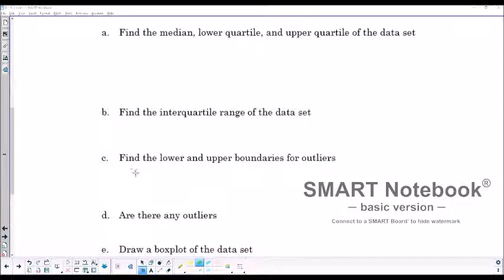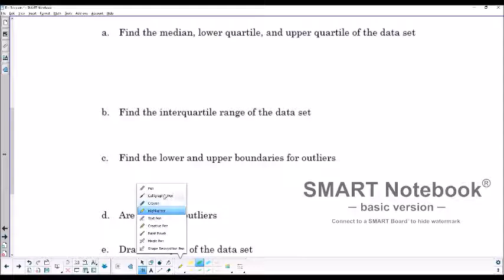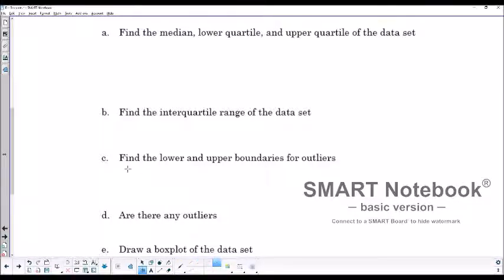Okay, generally we will take the IQR. So if we're looking for the upper boundary, we're going to take Q3 and add 1.5 multiplied by the interquartile range. And then if we want the lower boundary, we'll do the same thing.